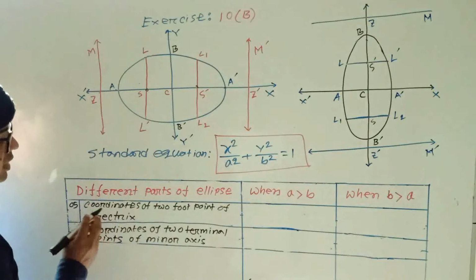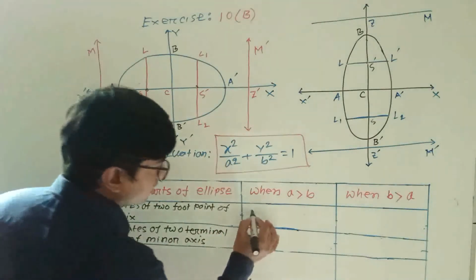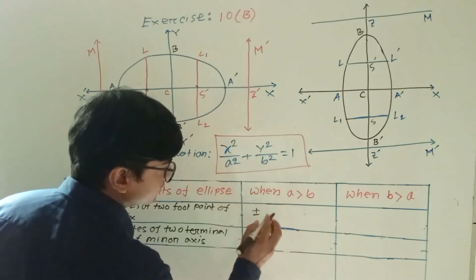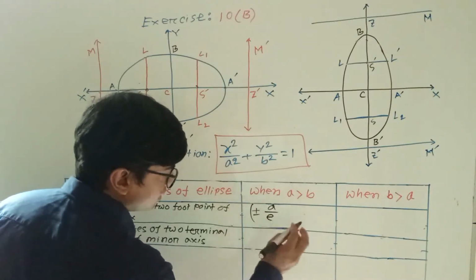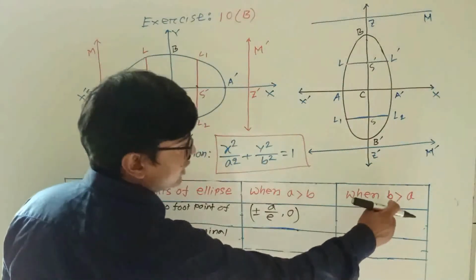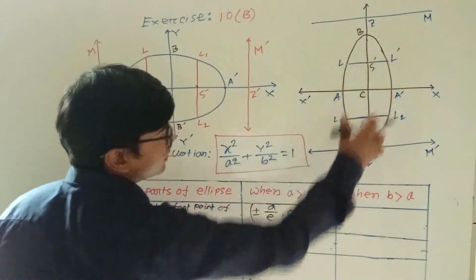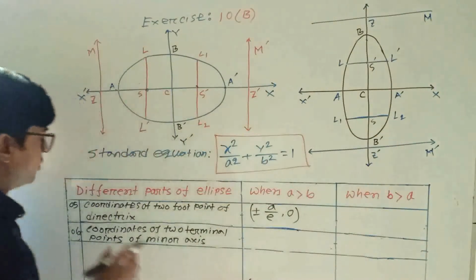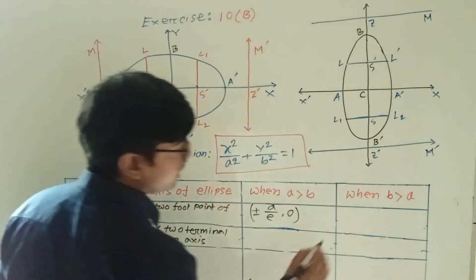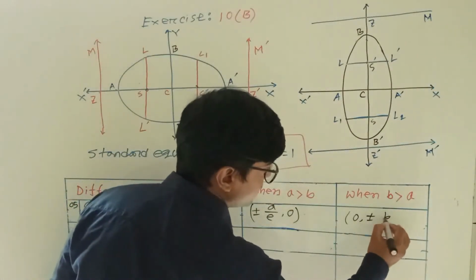The coordinates of the two foot points of directrix will be plus minus A by E, 0. And when B is greater than A, we use this figure, and the formula for the coordinates of the two foot points of directrix will be 0, plus minus B by E.